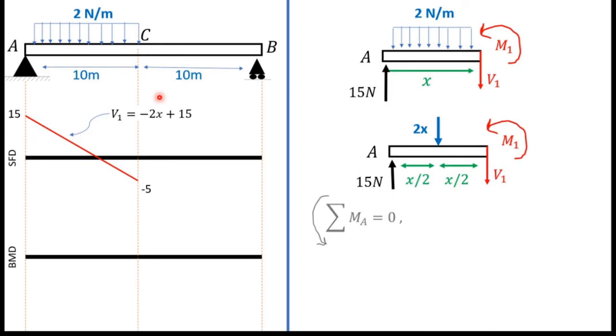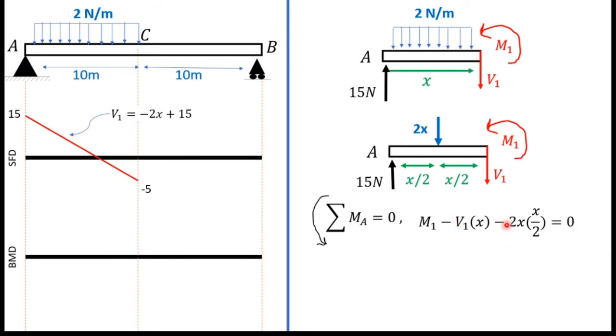Next I am going to find M1. For that I am going to take the moment about point A. Here I mark the equation of this line, and it's V1 equals minus 2x plus 15. When I take moment about A, I will have to write M1 minus V1x minus 2x times x over 2 equals 0.